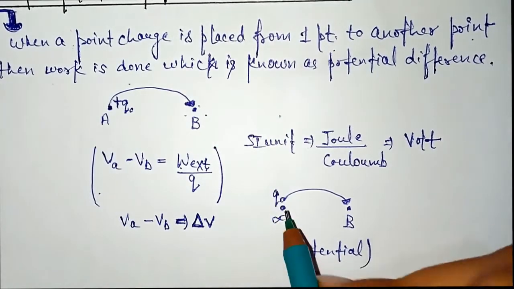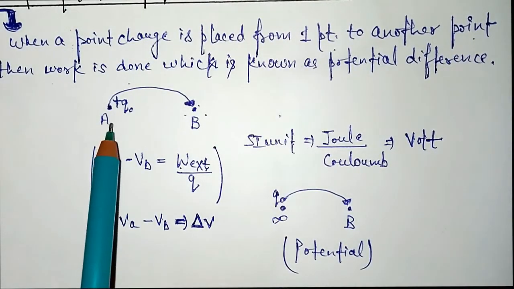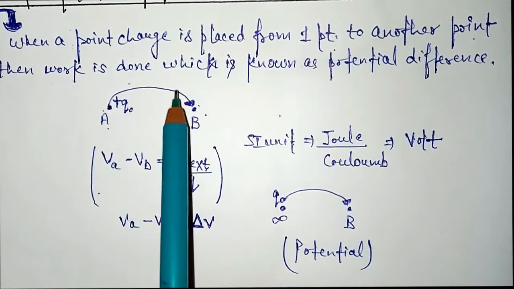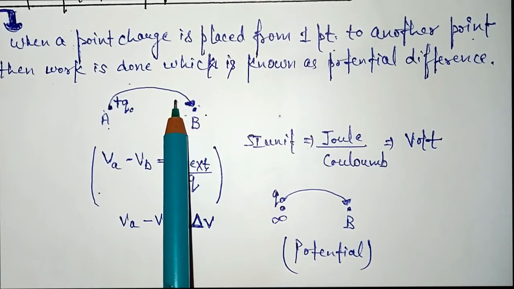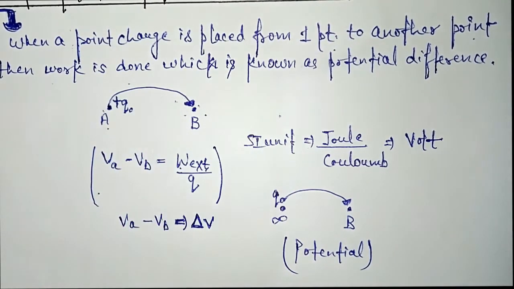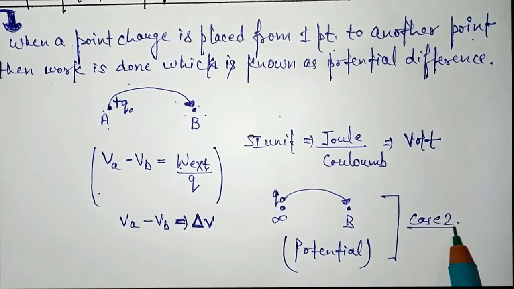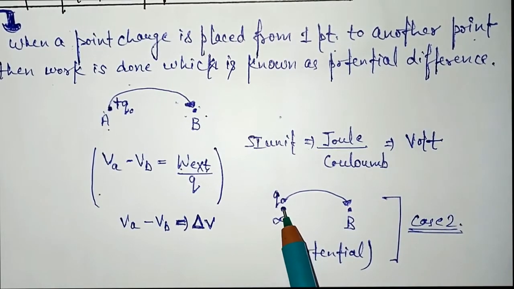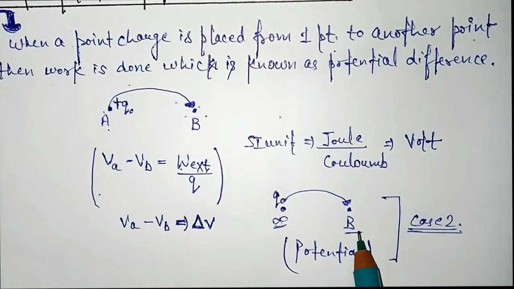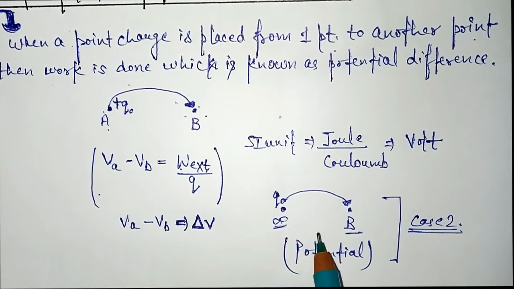Okay, when a charge is moved from one point to another, then it is potential difference. In this case, I took the charge from infinity to point B. Okay, then it is known as potential.